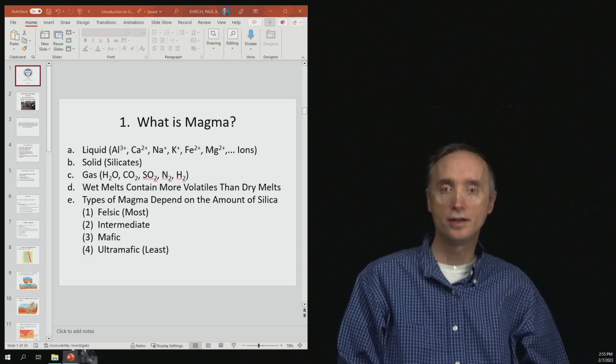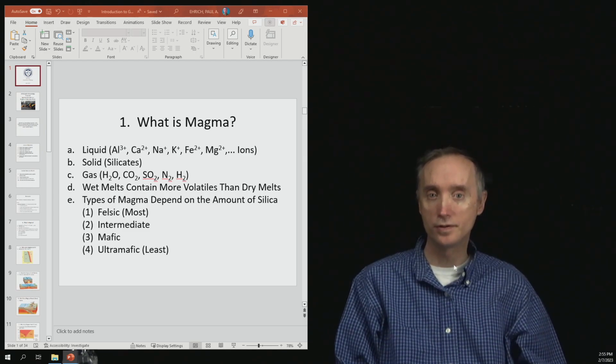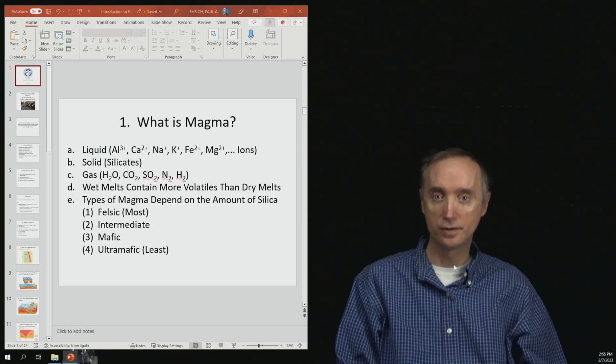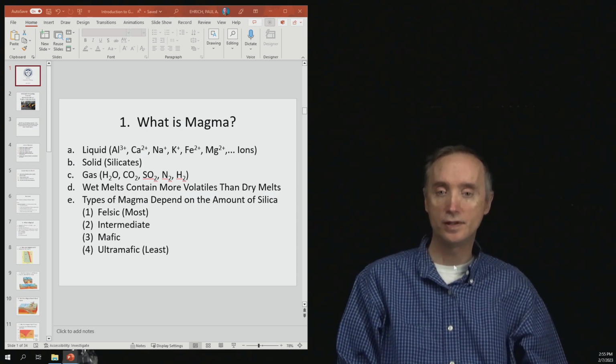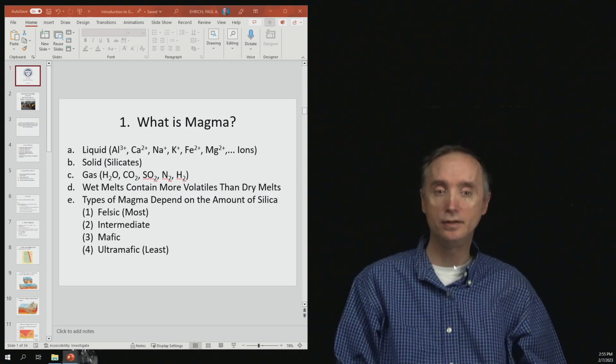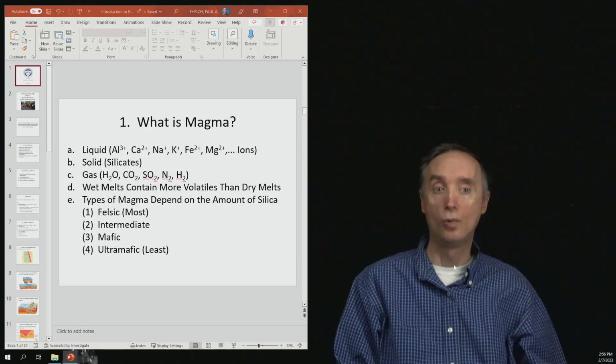Okay, another thing that your textbook mentions is the difference between a wet melt and a dry melt. And they said that a wet melt contains more volatiles. So a volatile is going to be something that easily turns into a gas. So for example, water.